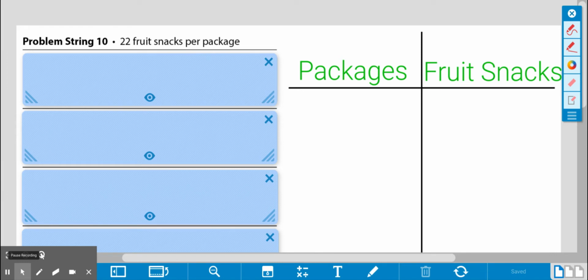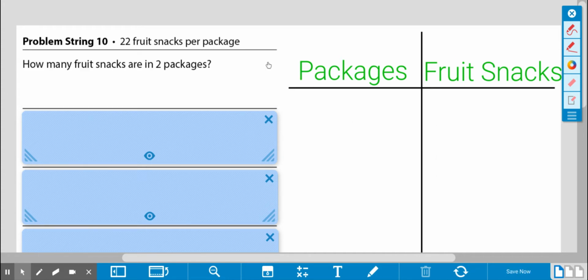All right, so you can see my packages on the left-hand side here, my fruit snacks on the right, that line down the middle. When I think about our first problem, it's asking us how many fruit snacks are in 2 packages. So in order to add that to my ratio table, I'm going to want to start with the fact that I have 1 package and 22 fruit snacks, right?